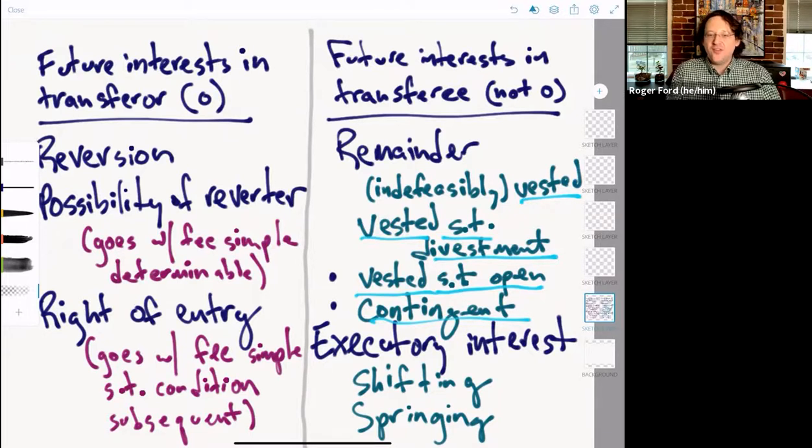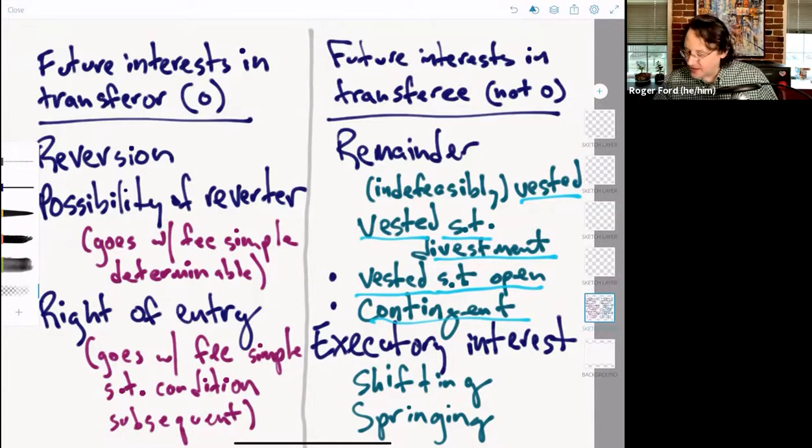And so we've got several possible conveyances that are designed to carry out that intent, but that work slightly differently in terms of the mechanisms. So let's go through them, and for each of them, write out the state of property. What are all of the forms of property that are created in that instrument?